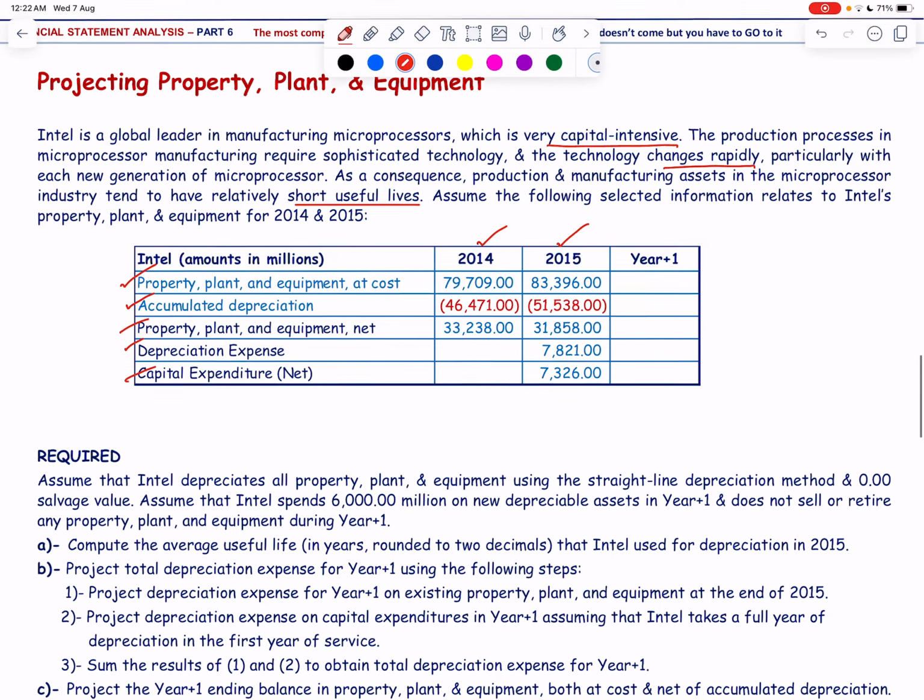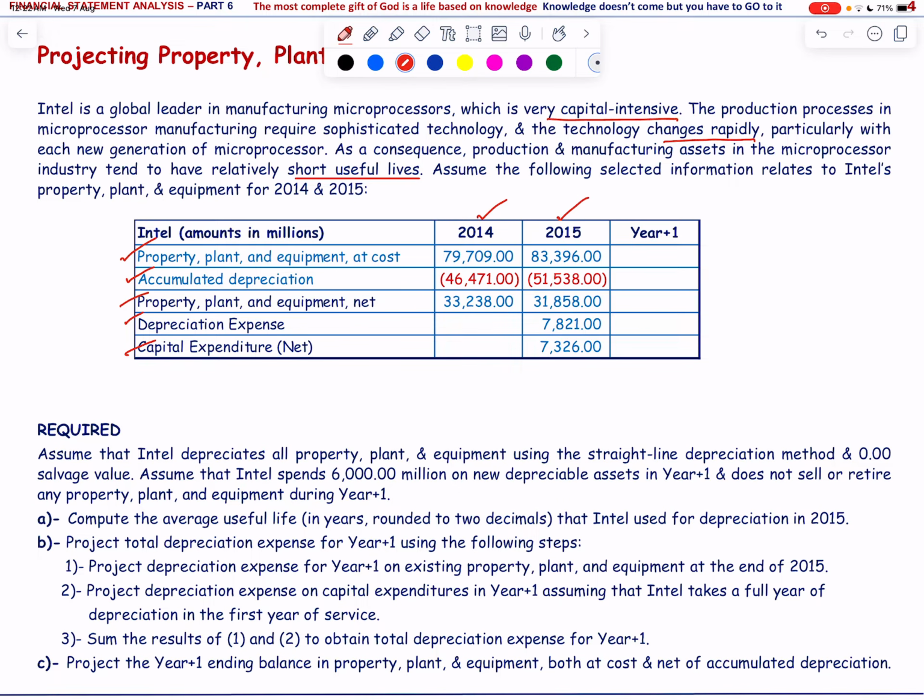Now, assume that Intel depreciates all property, plant, and equipment using the straight line depreciation method and zero salvage value. Assume that Intel spends 6 billion on new depreciable assets in year plus 1, and does not sell or retire any property, plant, and equipment during year plus 1.